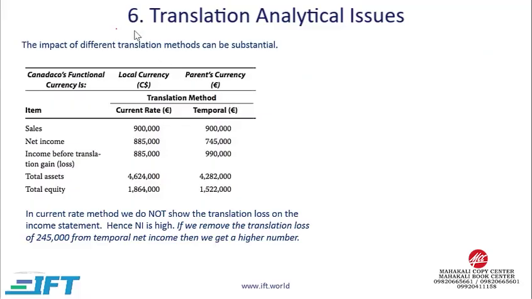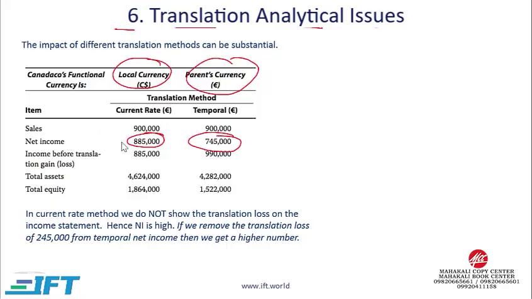Section 3.4 deals with translation analytical issues. We continue with the same example and demonstrate the fact that depending on the translation method used, the net income can be quite different. The asset and liability values are also different depending on the translation method.